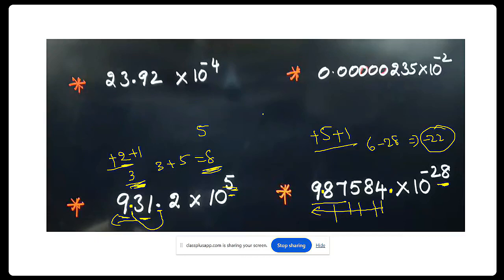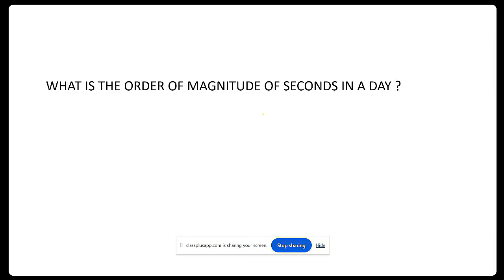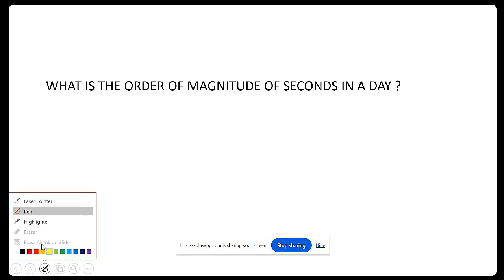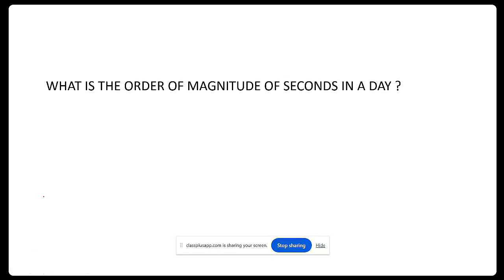Okay, and one more question, let's see. What is the order of the magnitude of seconds in a day? In a day, how many total seconds are there? In a day, 24 hours, into 60 for minutes, and into 60 again for seconds.